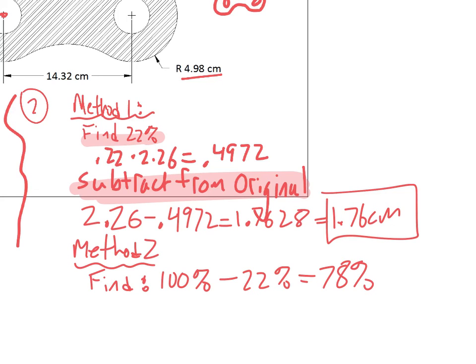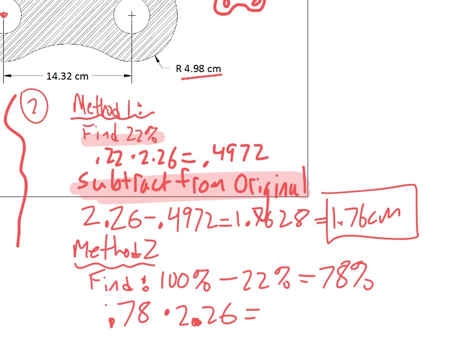Okay, so we're going to find 78% of what we started with, the 2.26. So let's take 78%, 0.78, times 2.26. Okay, so 78%, so it's going to shrink. It's like it has a discount, okay?